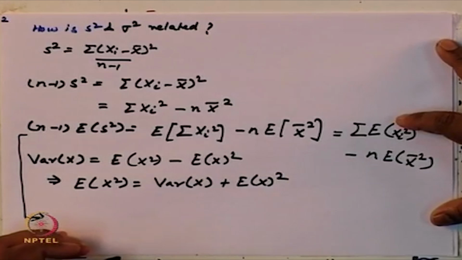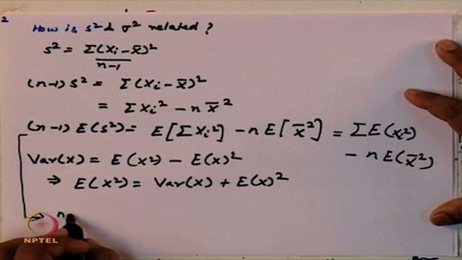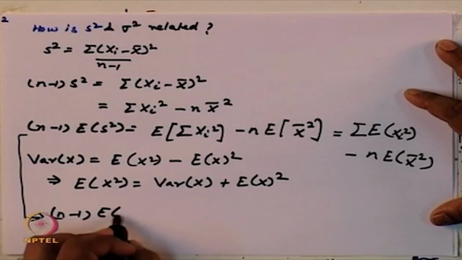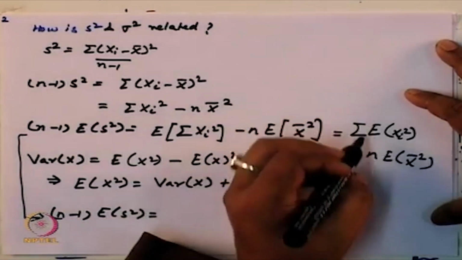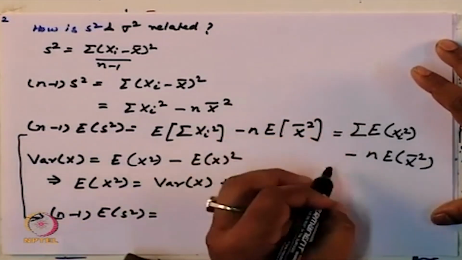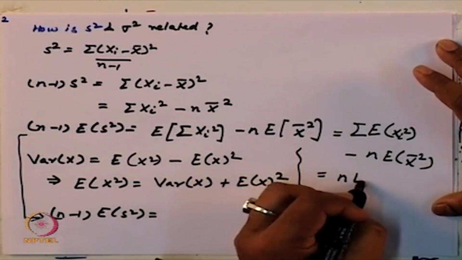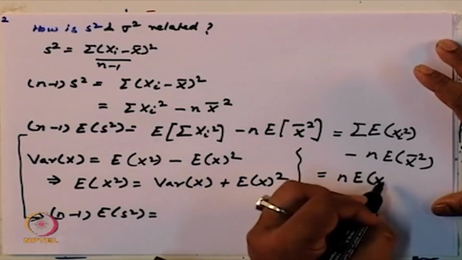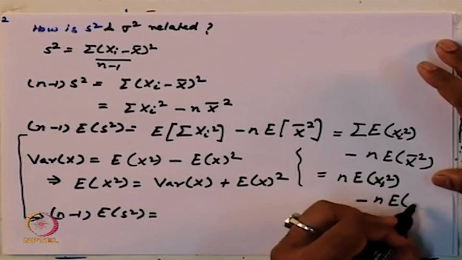Since each X_i has the same mean, I can simplify this: n minus 1 times expectation of S square equals n times expectation of X1 square minus n times expectation of X bar square.